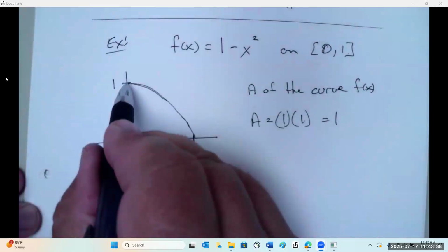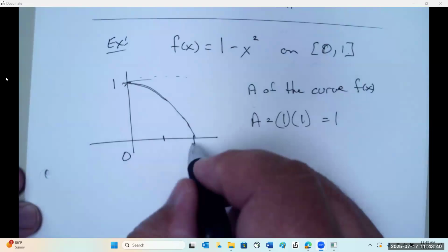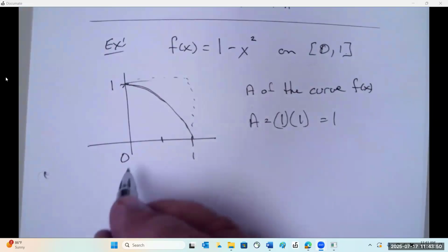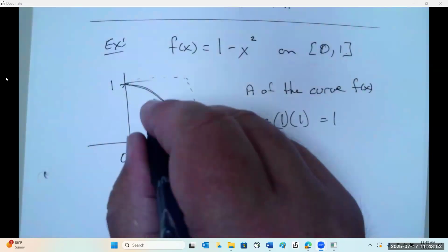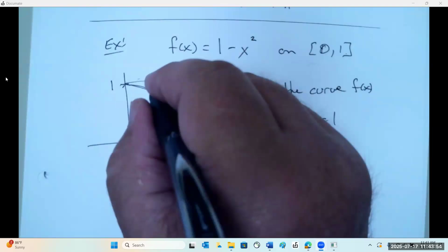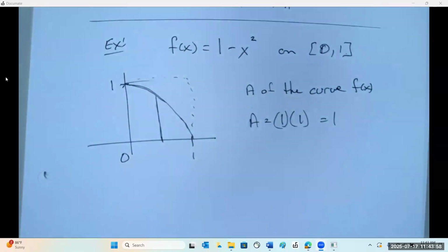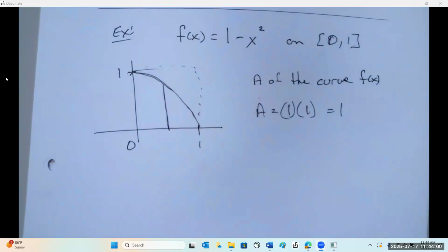No, because if it was 1, it would look like this. So that's too much. How can we fix that? So let's cut this in half. Now we have another problem.